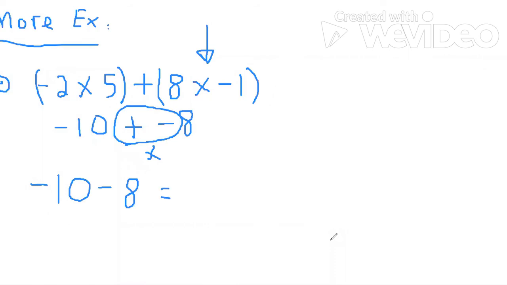But remember, when you have plus and minus, Mr. Brown's shop, you deal with it, not true? So what does Mr. Brown's shop say right now? What's the answer here? Negative 18. Because you owe Mr. Brown 10, and you owe Mr. Brown 8.